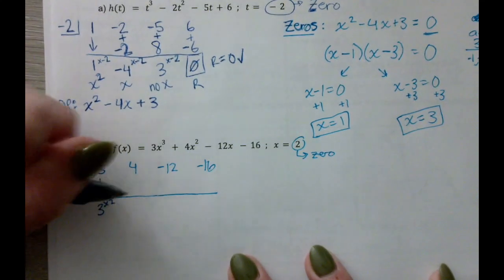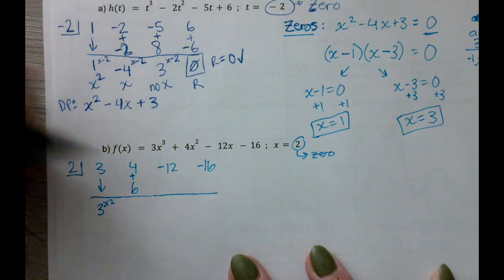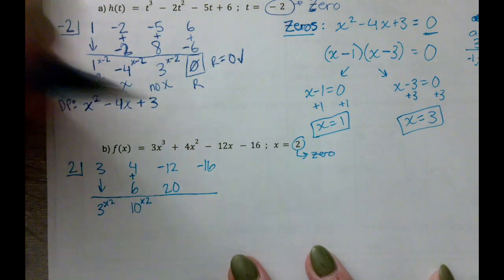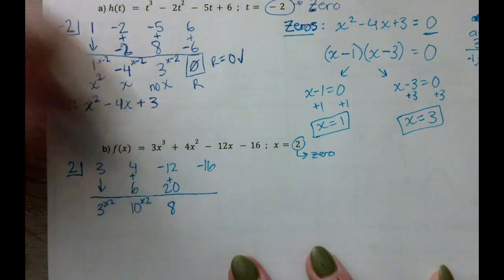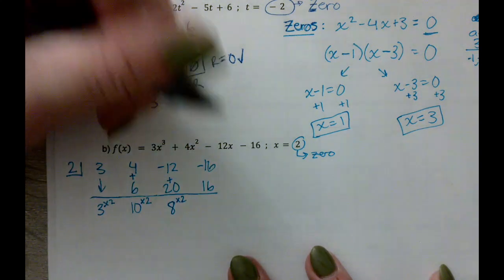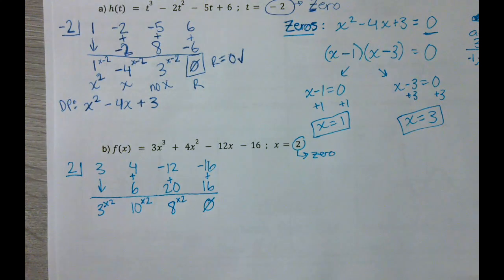We have 3 times 2, that's 6. 6 and 4 give us 10. Times 2 gives us 20. Negative 12 and 20 give us positive 8. Times 2 gives us positive 16, which does cancel with that negative 16.